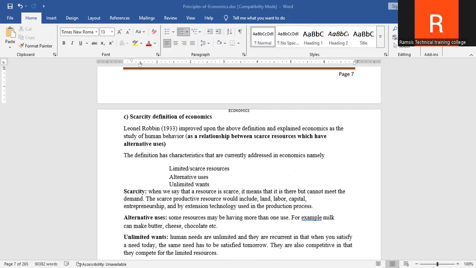So that means that one must satisfy basic needs before attaining secondary ones. So since the resources to satisfy human wants are scarce, one has to select which wants are to be satisfied first, and which others can wait. So meaning you have to set what you call priorities.